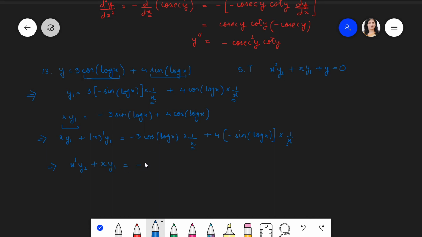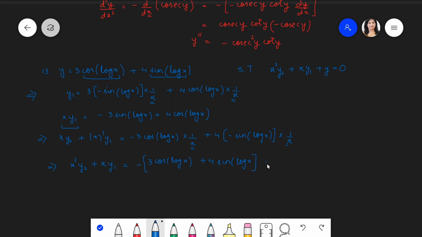And on the right side it is minus 3 if we take the minus sign common, so minus, 3 cos log x plus 4 sine log x.